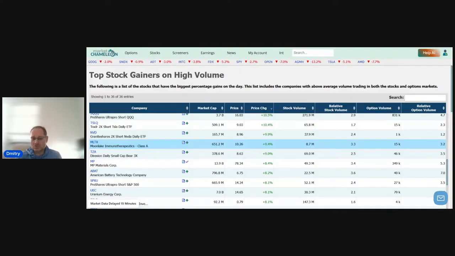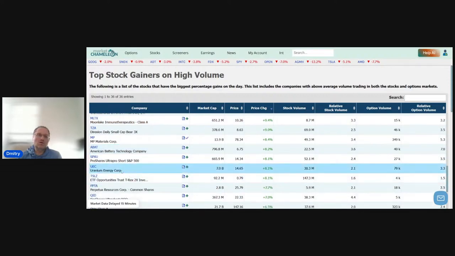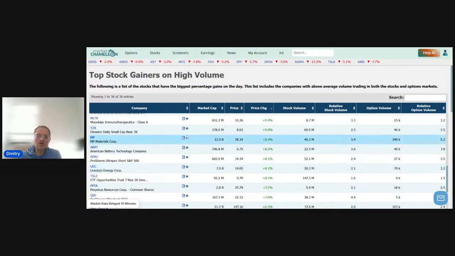With therapeutics it's a little bit different, but if you see something where perhaps gold stocks, gold miners, or semiconductors are starting to pop up in big numbers, that could indicate a rotation or shift or demand for that sector. And that's another insight that you could quickly get by filtering these reports this way.